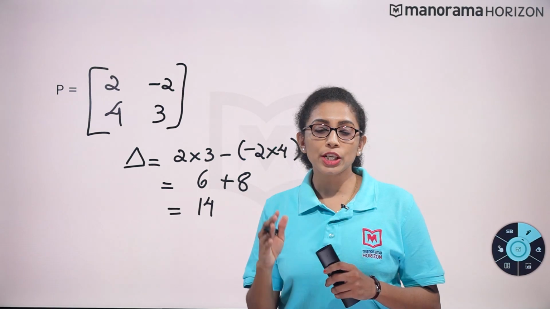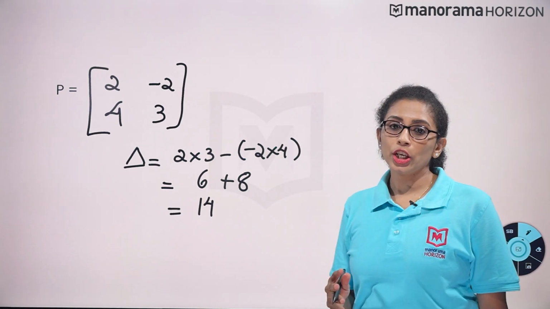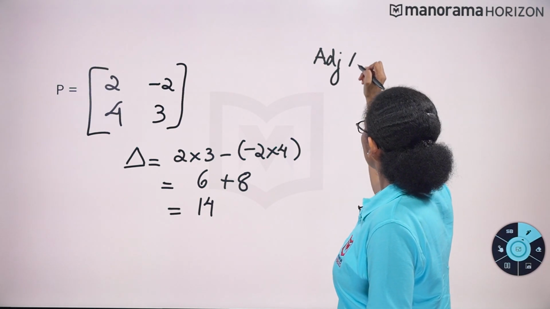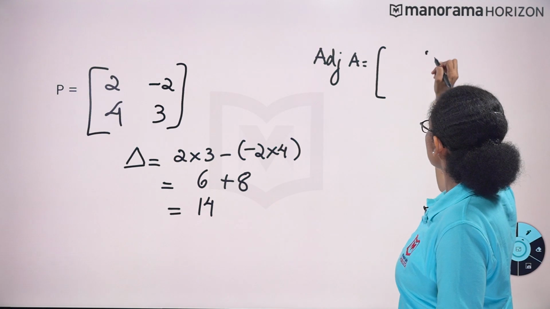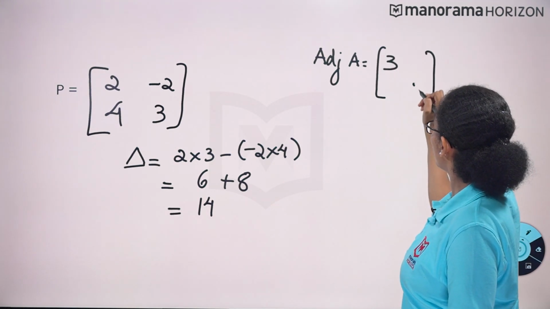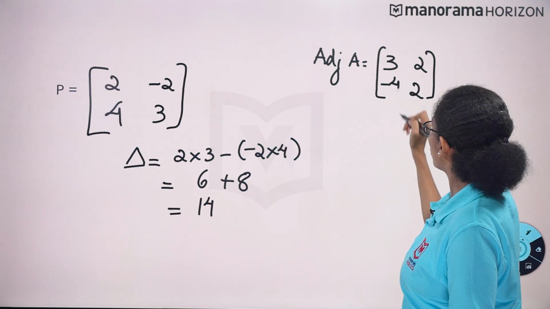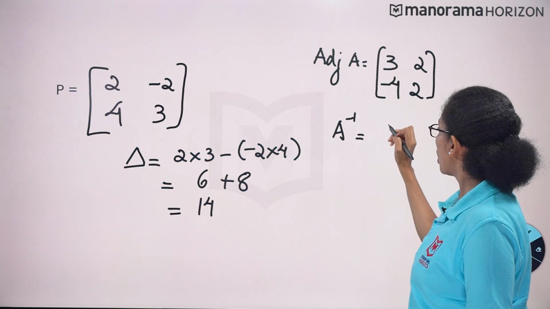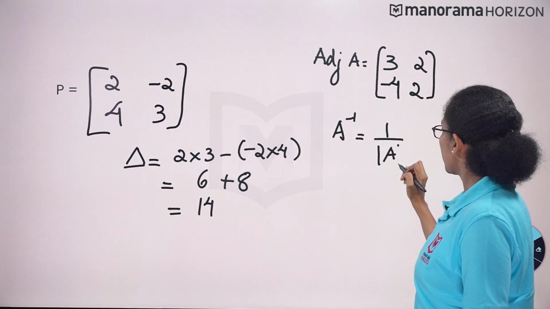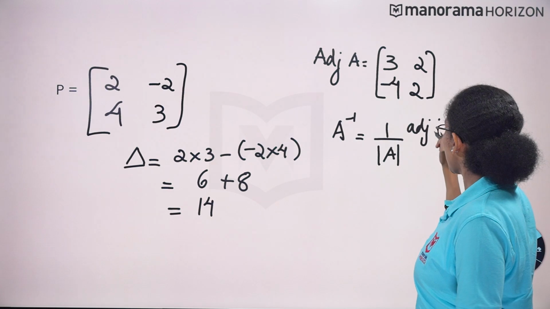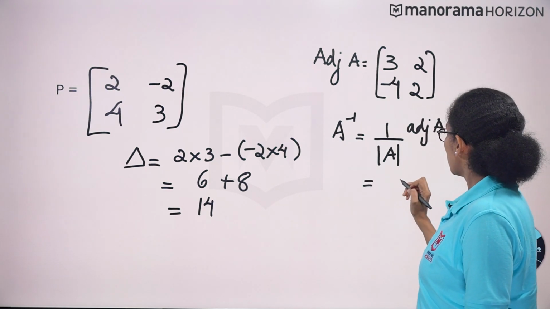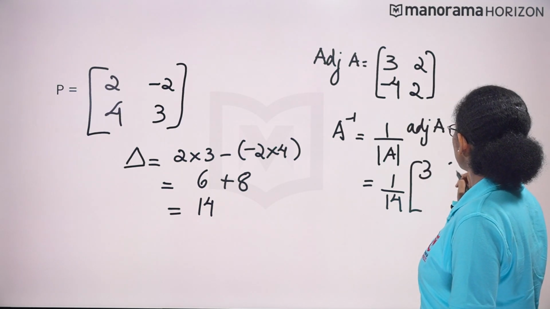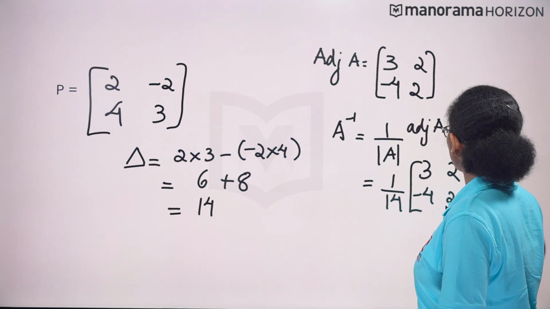Next, we need to find the adjoint of P. Adjoint is given by interchange the elements, change the sign. So we get 3, 2, minus 4, 2. Alright. Now, what will be A inverse? A inverse is equal to 1 by determinant of A into adjoint of A. We get it as 1 by 14 into matrix 3, 2, minus 4, 2.